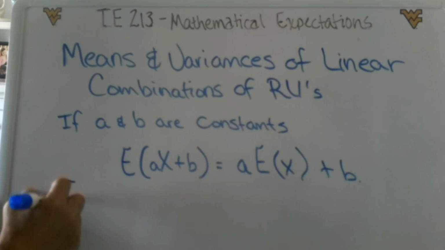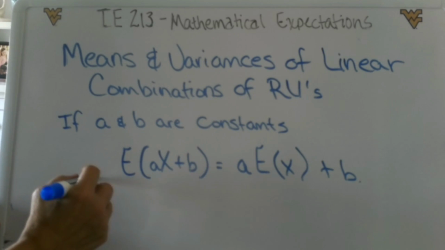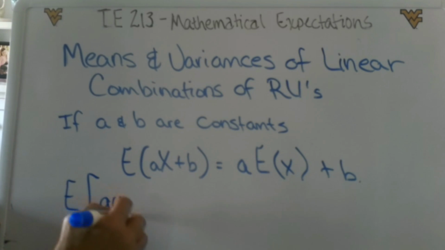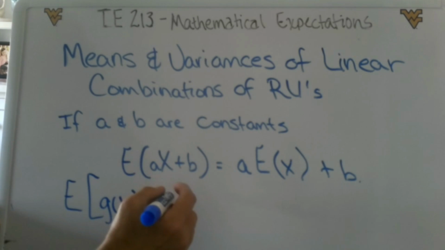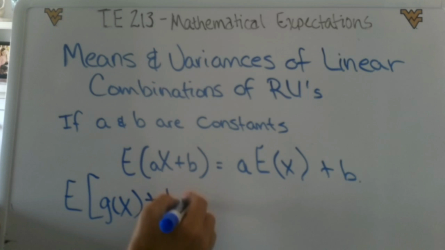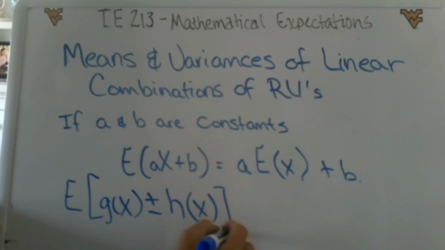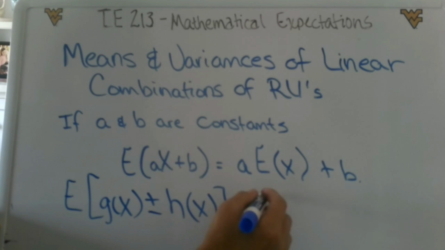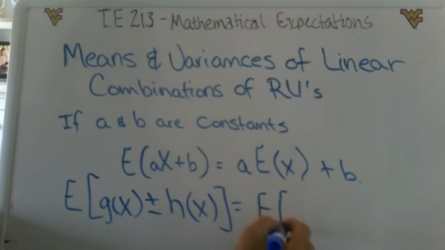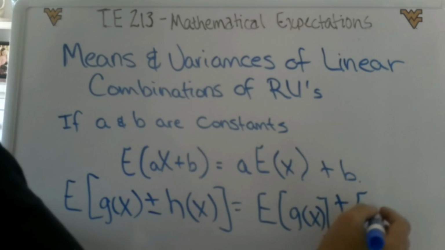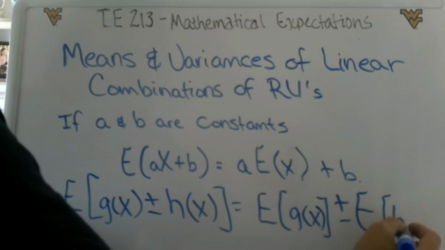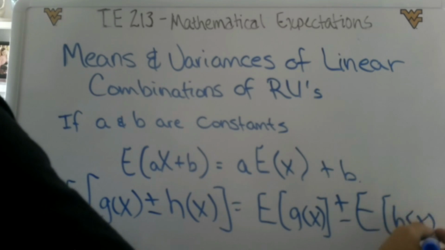So if you have the expected value of g of x plus or minus h of x, it would equal the expected value of g of x plus or minus the expected value of h of x.